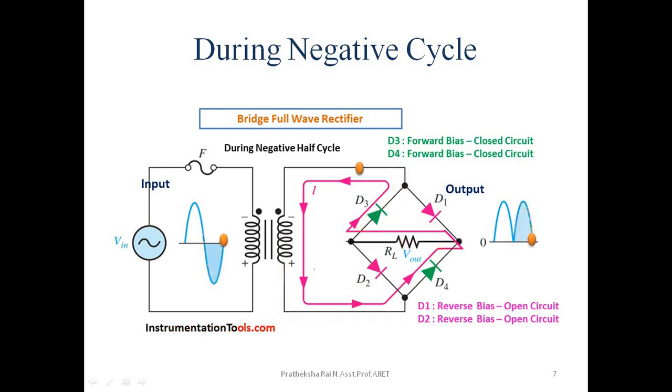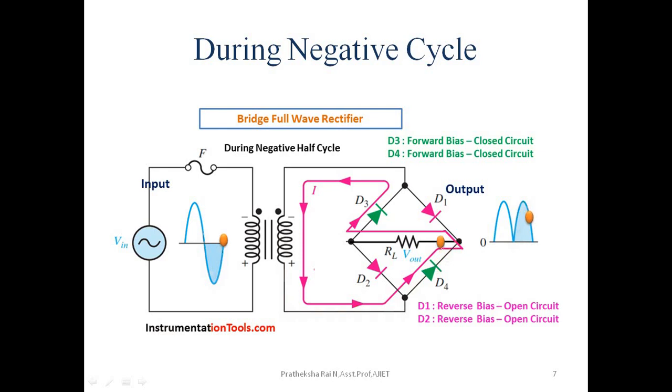Because of the negative half cycle, now let us see the direction of the current. Current will flow from D4, then it will take the path through the load resistor, then through D3 and it will follow this path. So the direction is the same as the input.